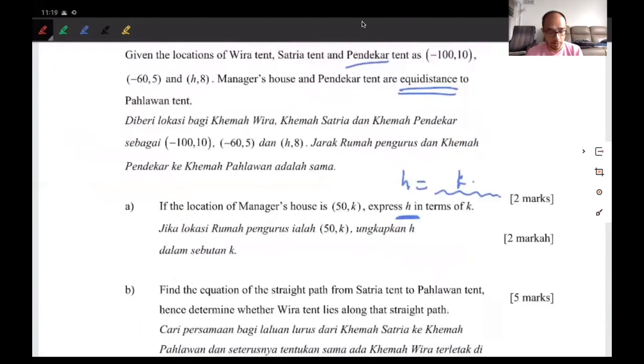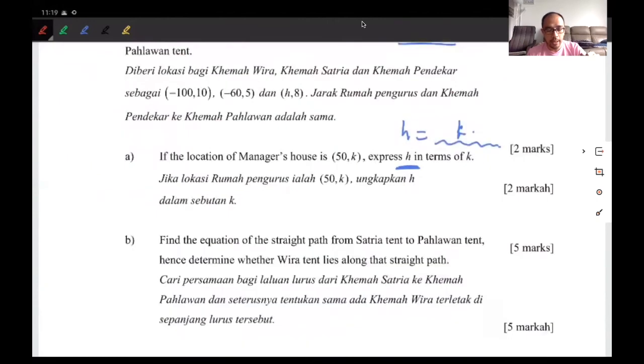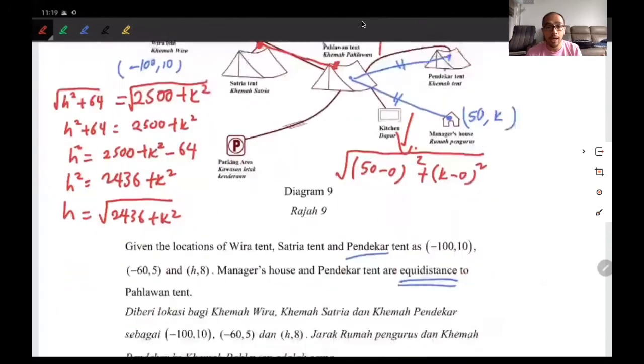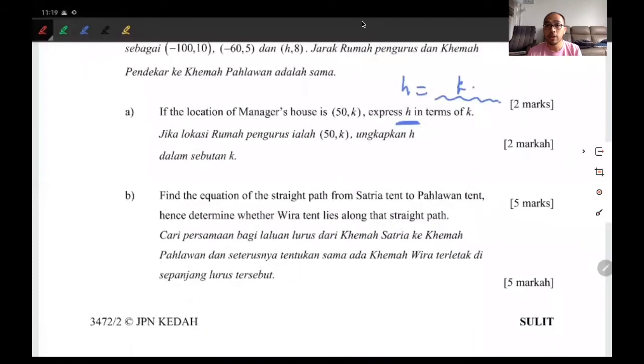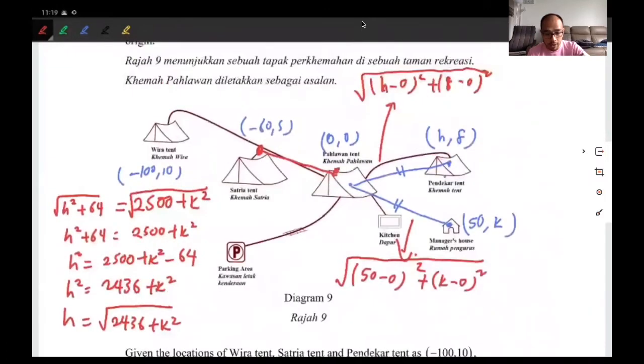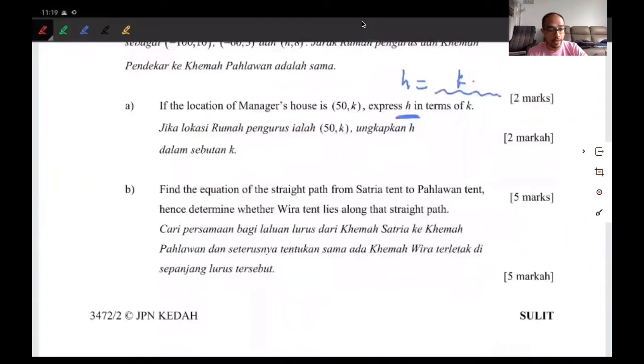Second one, find the equation of the straight path from Satria to the Pahlawan tent. If this is a straight line, you need to know what's the M. The good news is you don't even need to know what's the C, because this line here passes through the origin, so the C is 0. All we need to do is find the gradient.